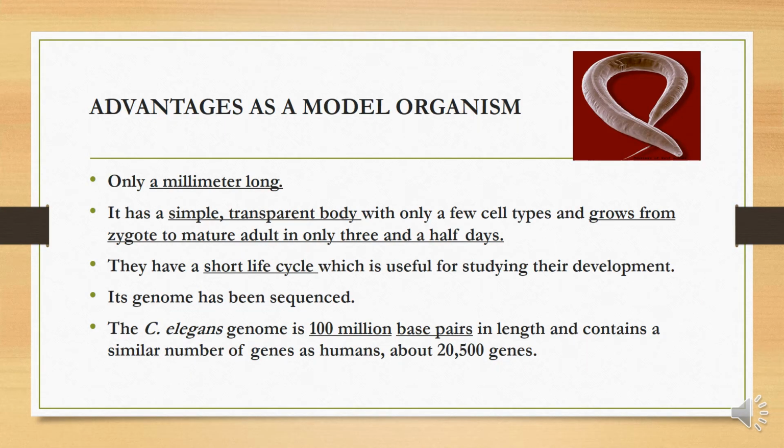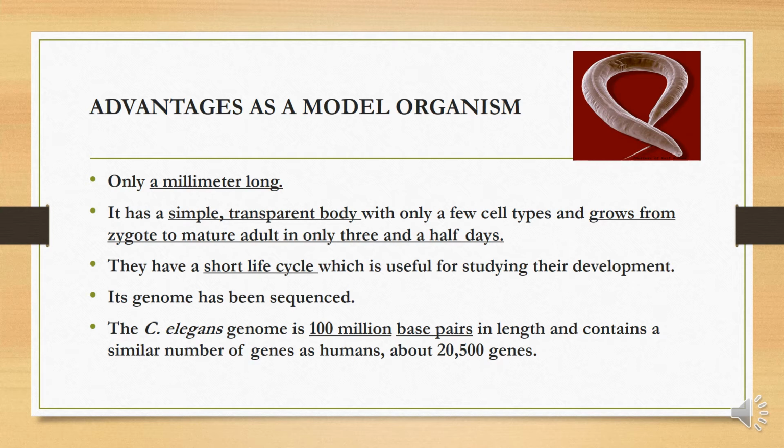Now, what are the advantages as a model organism? So, it is a very simple organism which is about 1 millimeter long. It has a simple transparent body and contains only a few cell types and grows from zygote to mature adult in only 3.5 days when the conditions are optimum.